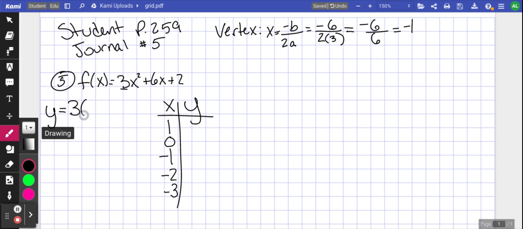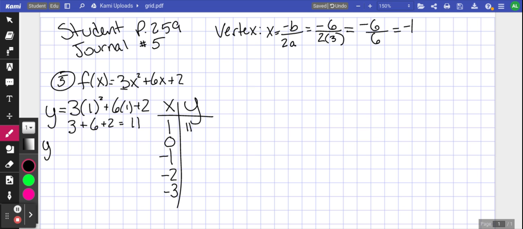So 3 times 1 squared plus 6 times 1 plus 2. 1 squared is just 1, times 3 gives me 3. 6 times 1 is 6, and then plus 2. That gives me 11. That's my first y value that goes with 1. I get 11.